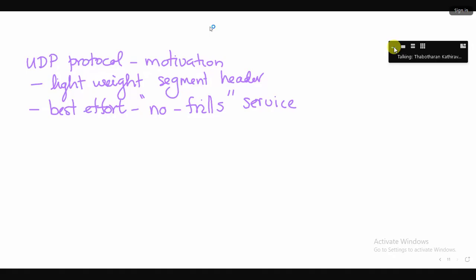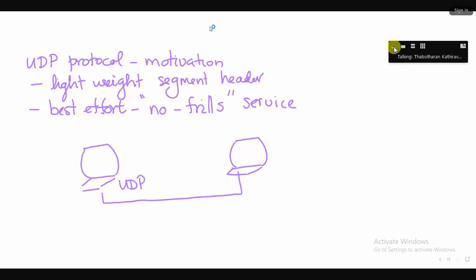UDP is all about providing that kind of service. In addition, when we have two machines, host A and host B, suppose UDP wants to be in operation between these two.